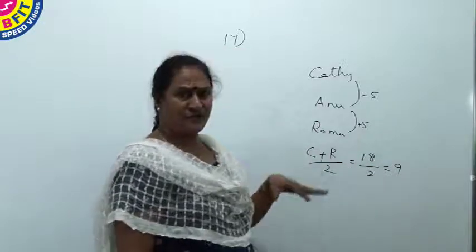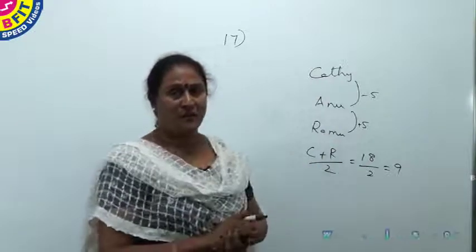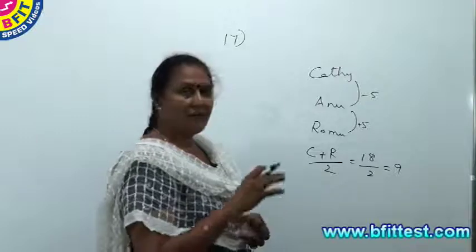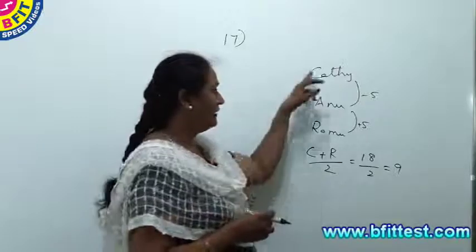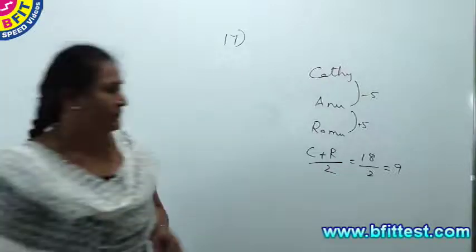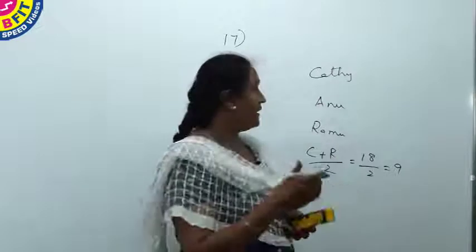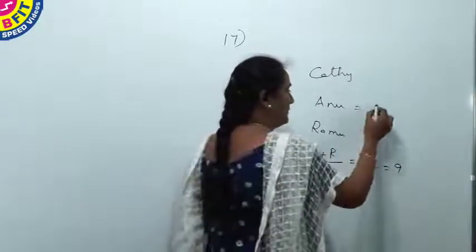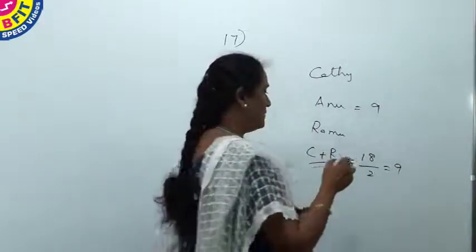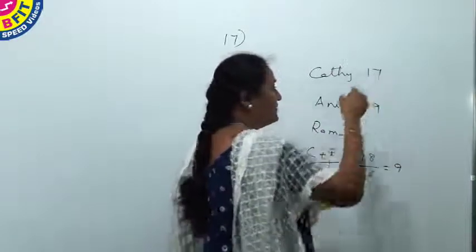Suppose they ask Ramu's age or Kathy's age, the answer will be cannot be determined because they haven't given any link between Kathy and Ramu. According to the text, Anu's age is the average age of Kathy and Ramu, which is 9. If Ramu's age is 1, Kathy's age will be 17.